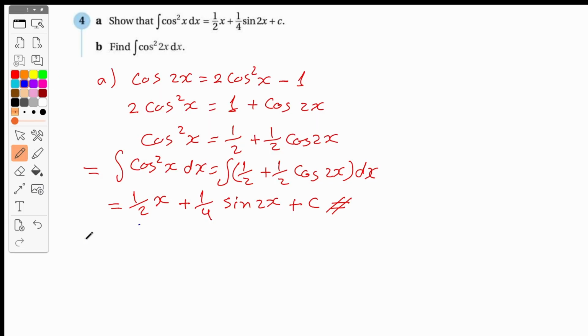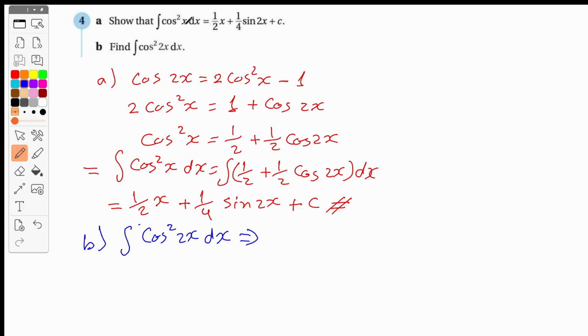For question B, we need the integral of cosine squared 2x dx. You need to compare this question with the previous one. Here in question A it was cosine squared x, but here it is cosine squared 2x.